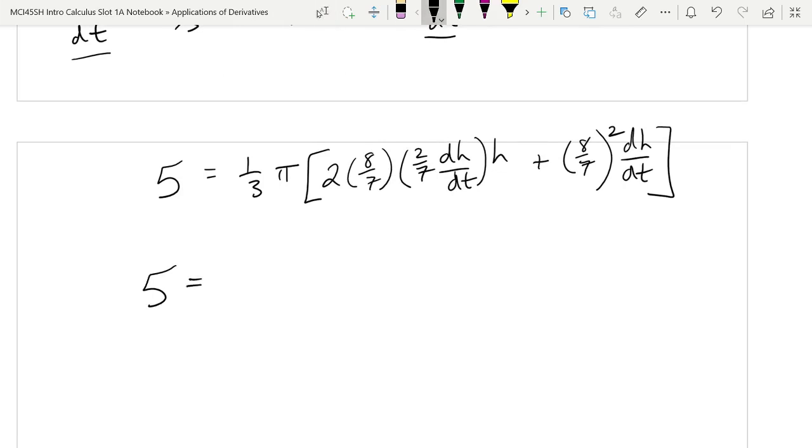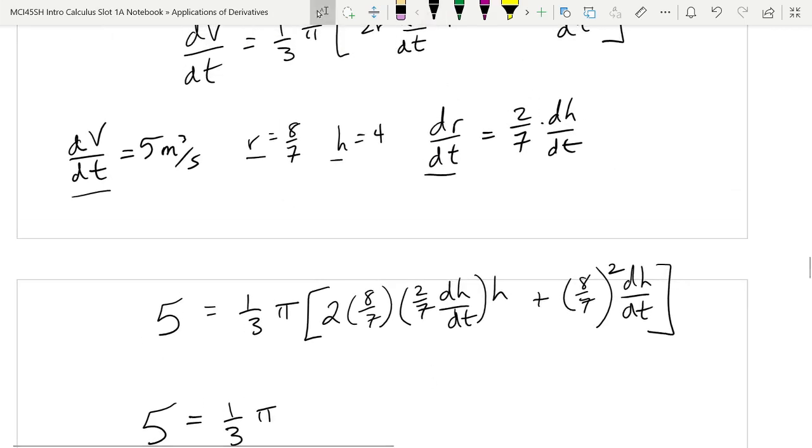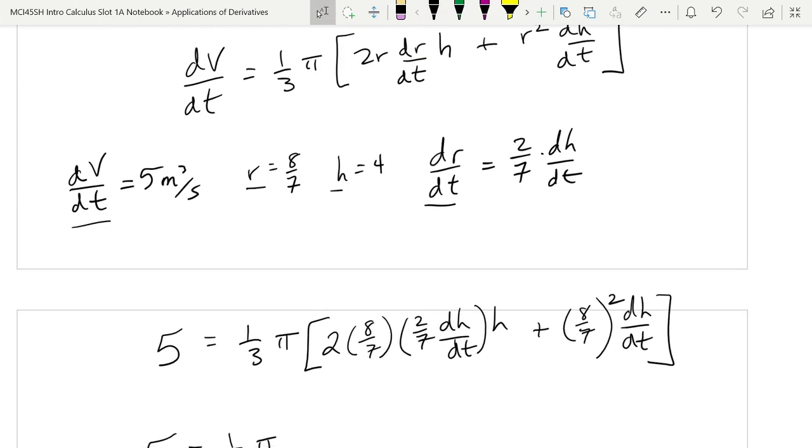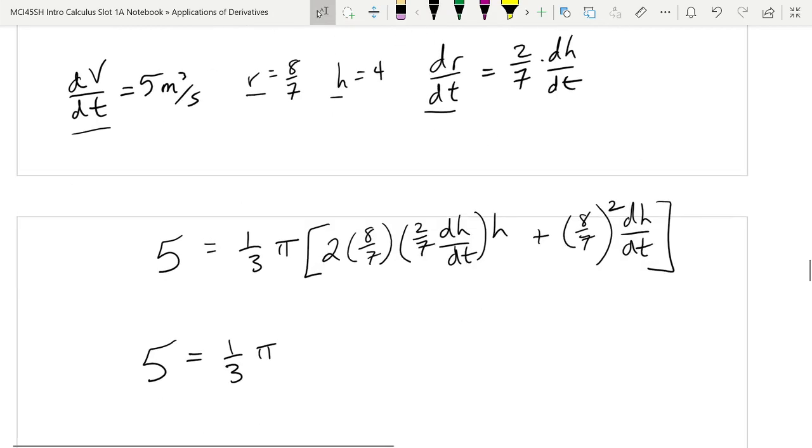So let's see, that's 1/3 pi. And okay, so we have 2 times 8 times, hang on, did I forget a variable again? I think I did. 2 times r times, oh, yeah, I forgot to change this h to a 4, because I know that the height is 4. I don't know why I left that as an h, my bad.